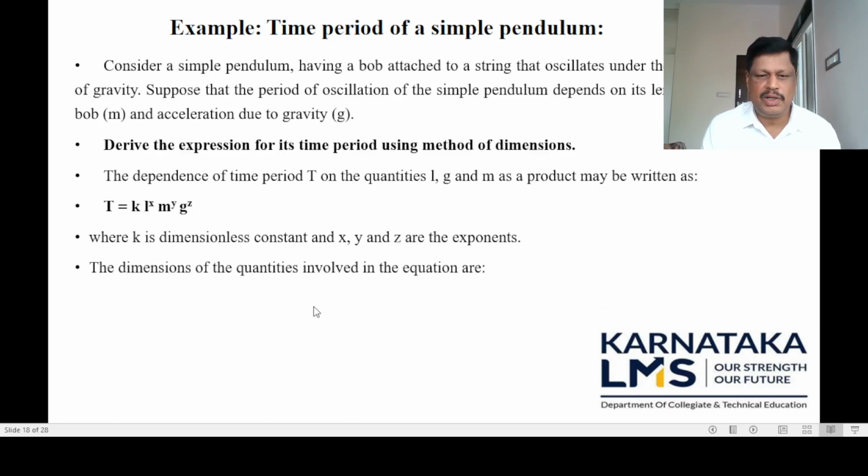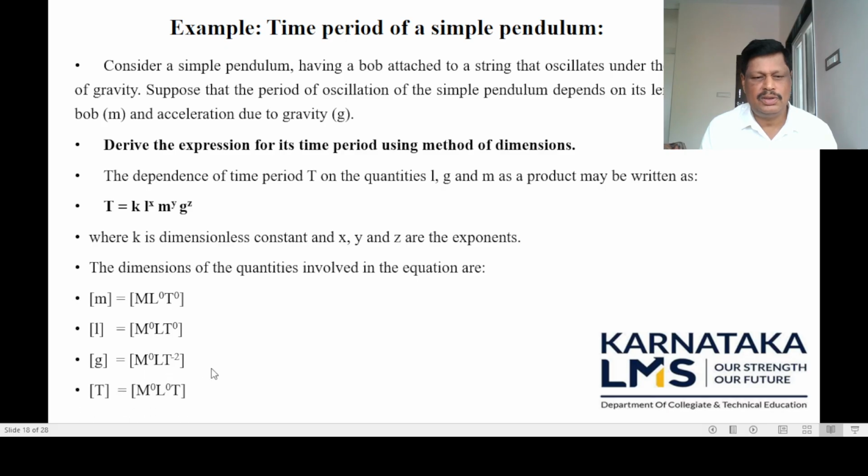The dimensions of the quantities involved in the equation are, mass is represented by M, L to the power of 0, T to the power of 0; length is M to the power of 0, L, T to the power of 0; and g is the acceleration due to gravity. Acceleration due to gravity and acceleration have the same dimensions, so M to the power of 0, L, T to the power of minus 2.